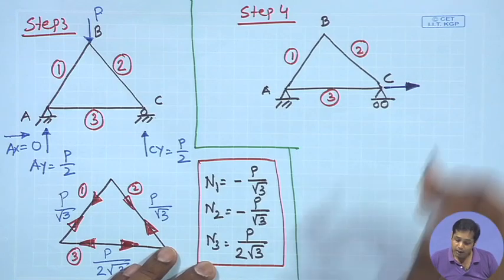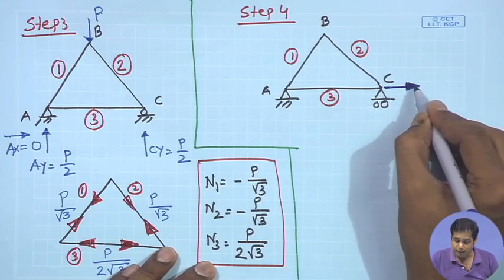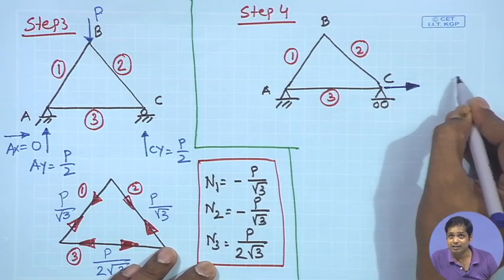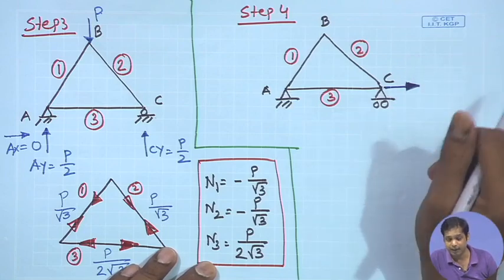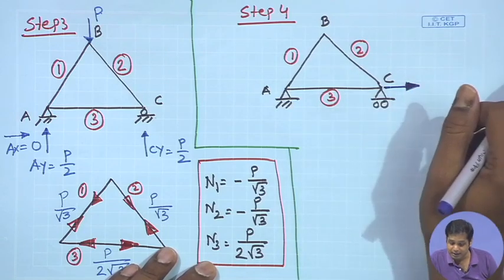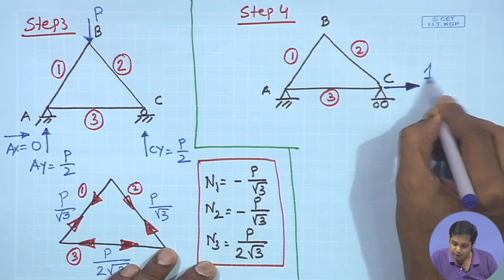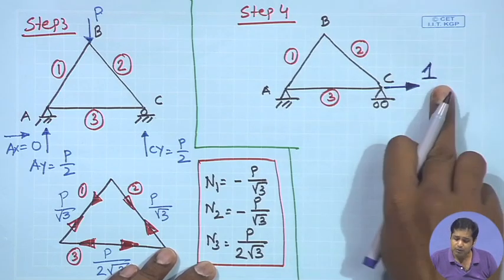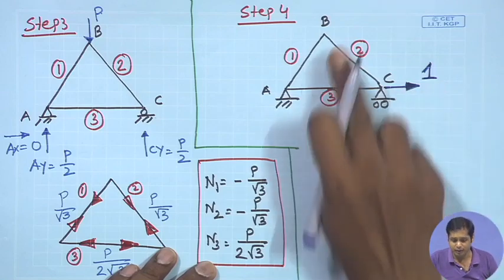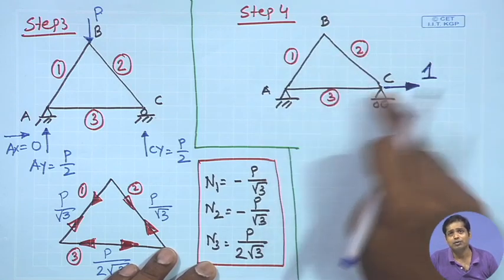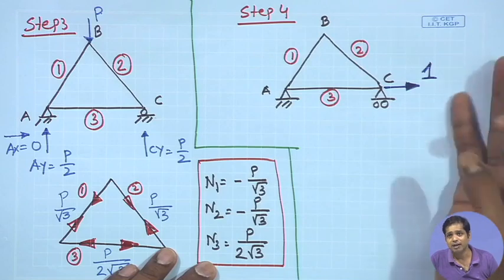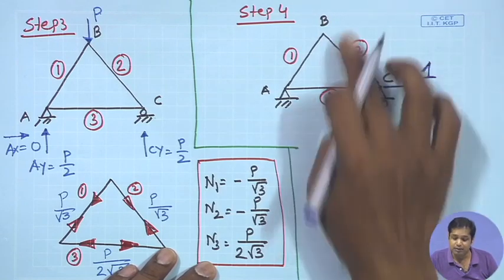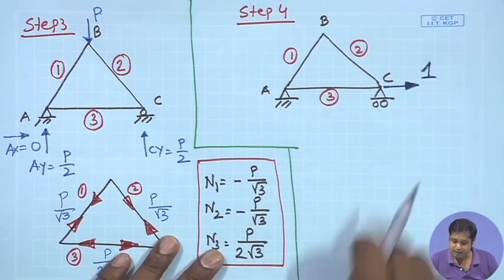Okay. Now, instead of applying a force Cx, which is the redundant force, support reaction at C in the direction x, let us apply a unit load. Okay. The reason is, if we know the member force and support reaction due to the unit load, those values if you multiply by Cx, we will get the corresponding member force and reaction due to load Cx.